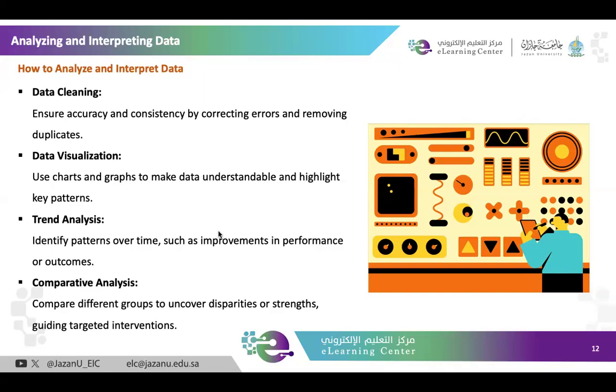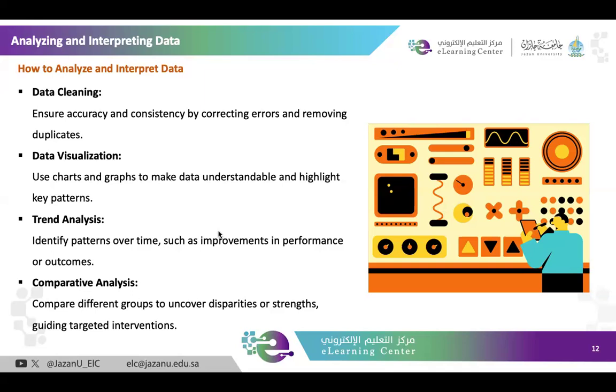Comparative analysis involves comparing different groups within a data set to identify strengths and weaknesses. This type of analysis helps in understanding differences between groups, which can inform targeted interventions or strategies. For example, comparing the performance of different demographic groups can highlight disparities that need to be addressed.